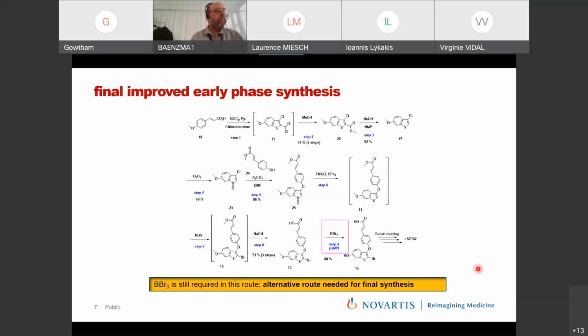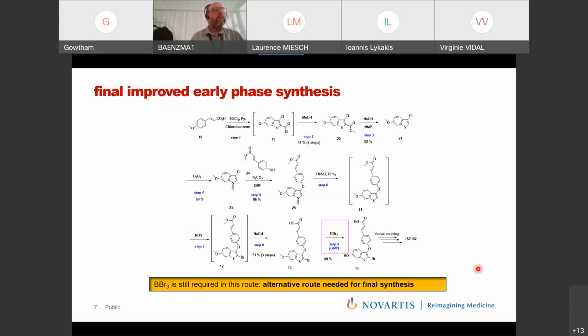That was possible in 69% yield with hydrogen peroxide in the presence of acetic acid in dichloromethane, and then we could actually do the SNAr reaction with 4-hydroxycinnamic acid methyl ester, and then the sulfoxide could be reduced to the benzothiazine with DMS chloride and triphenylphosphine.